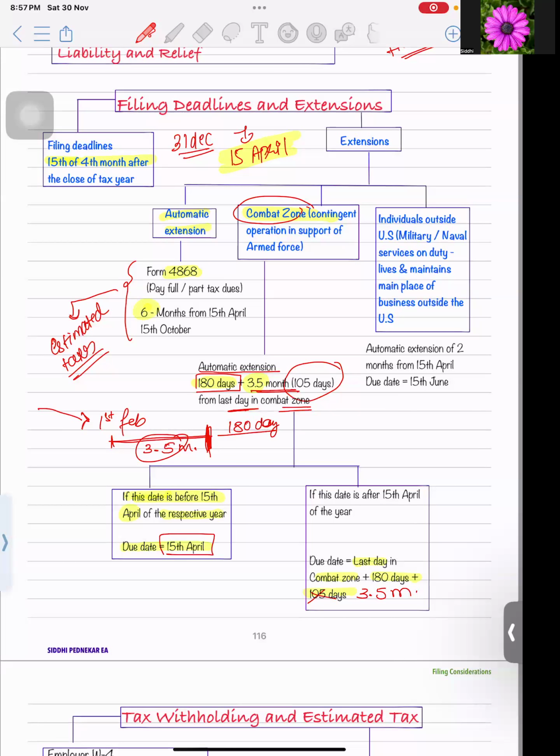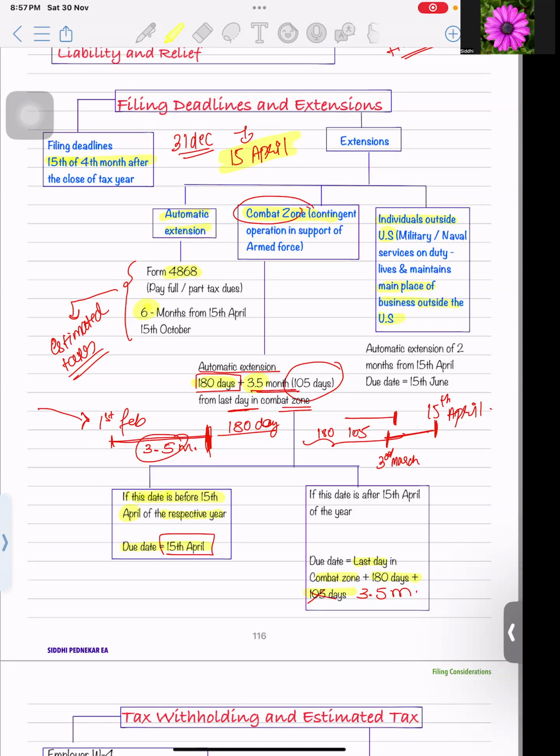But you just need to remember, if it is falling before 15th April, let's say once you calculated the whole 180 days plus 3.5 months it is falling on, let's say, 3rd March, then they will extend it and make it till 15th April. Are you clear with this? And if it is falling after 15th April, then you have to do the normal calculation, 180 days plus 3.5 months. Clear, guys?